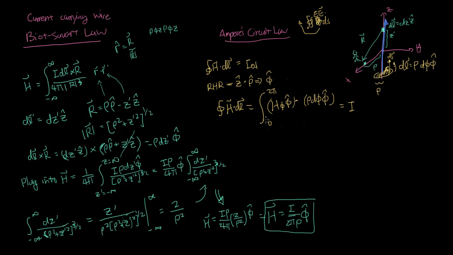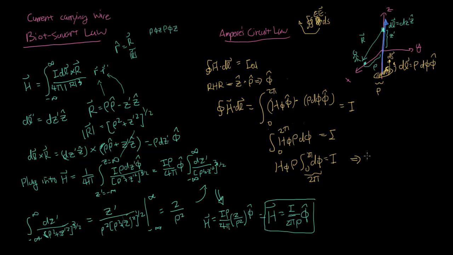Next up, we just take the dot product, and we're left with H phi rho d phi from 0 to 2 pi is going to be equal to I. And look, none of these depend on phi, so we can pull them out, and we're left with H phi rho times the integral from 0 to 2 pi of d phi is going to be equal to I. This whole thing is equal to 2 pi.